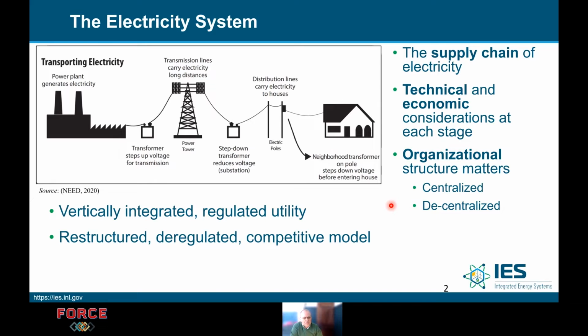To be more specific, I'm going to call them vertically integrated regulated utilities versus restructured, deregulated, competitive entities in a competitive market. These are two different approaches for managing this system. That's what I'm going to highlight first.